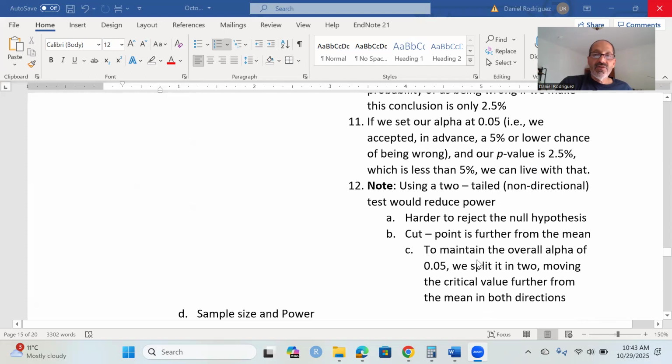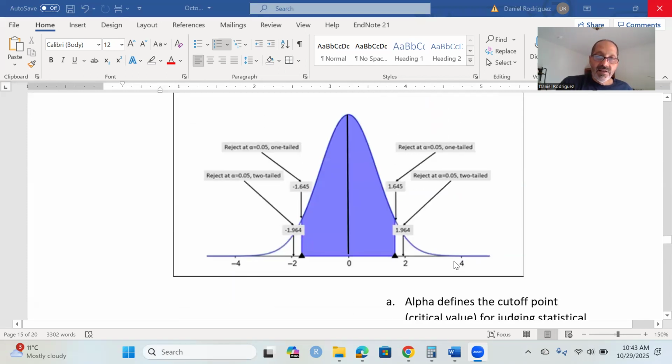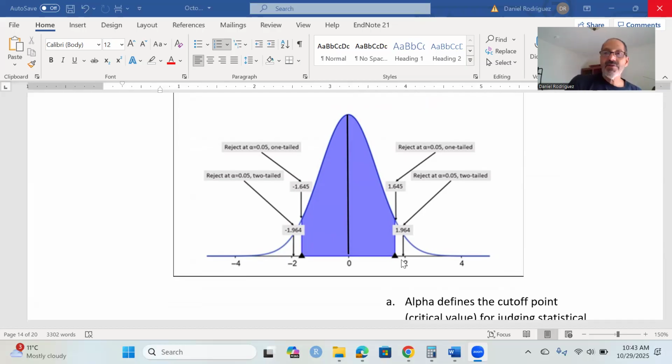If we were to use a two-tailed versus a one-tailed test, just to be clear, when I make a directional alternative hypothesis, I'm assuming my sample is happier than the population. I benefit from having all of my alpha in one tail. I could have hypothesized that my sample is less happy than the population, and that also would have been directional, but all of my alpha would have been on this side of the distribution.